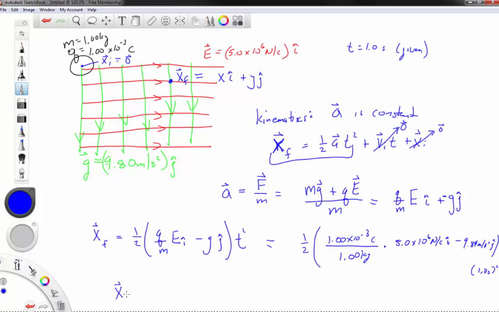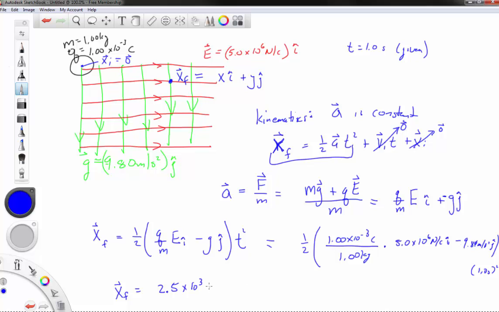So our final position, therefore, is going to be given by 2.5 times 10 to the minus 3 plus 6, which is 3.